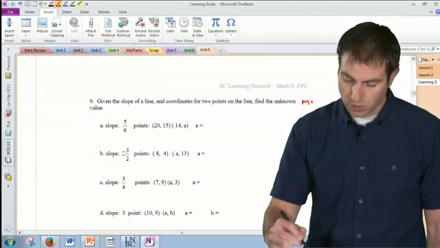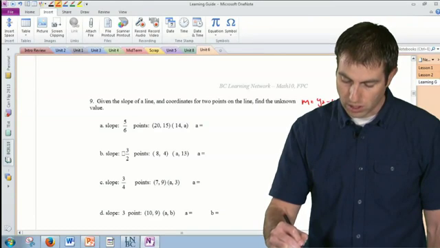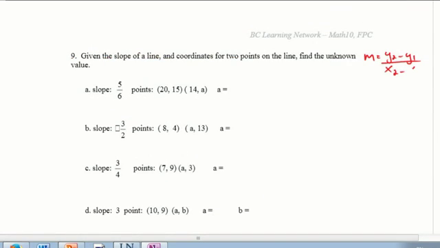So we're using the slope formula: y2 minus y1 over x2 minus x1. What you're doing is saying, okay, the slope is 5 over 6, and then you're picking points. So this is x1, y1, x2, y2, and then plug them in. So y2 was a, which I'm trying to find, minus y1, which was 15, and then x2 was 14, minus x1, which was 20.